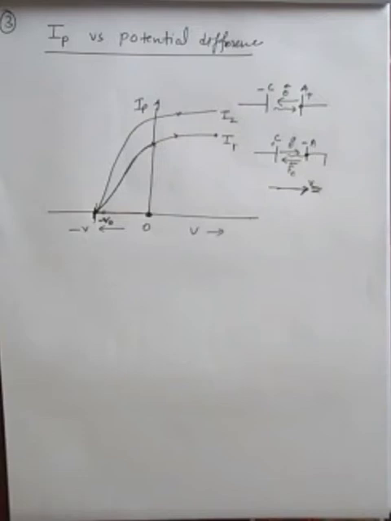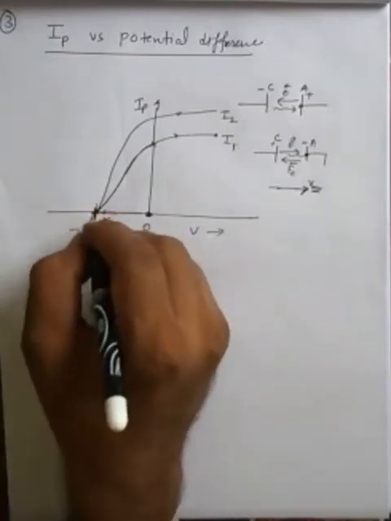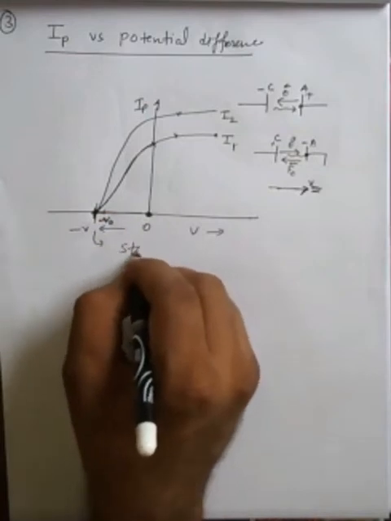So there is a potential barrier, and electrons do not have sufficient energy to cross it, and all the electrons are stopped. So we call this the stopping potential.